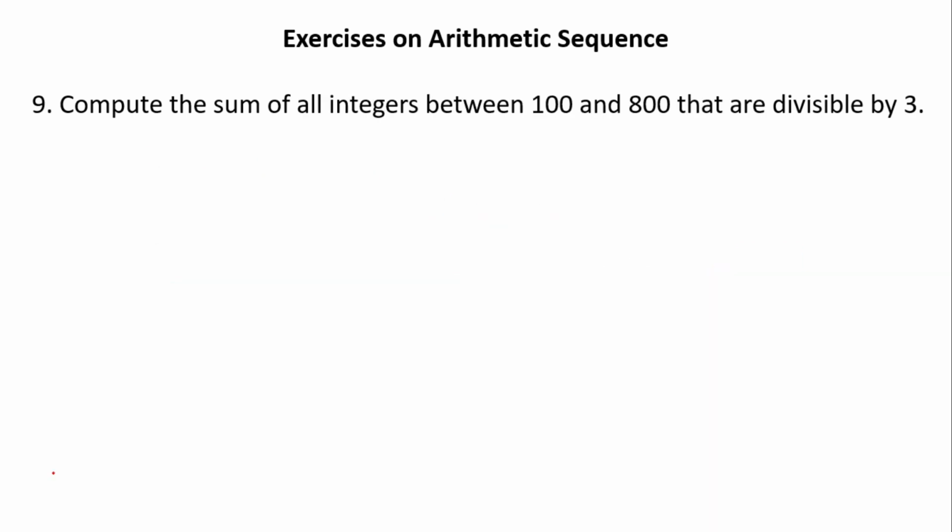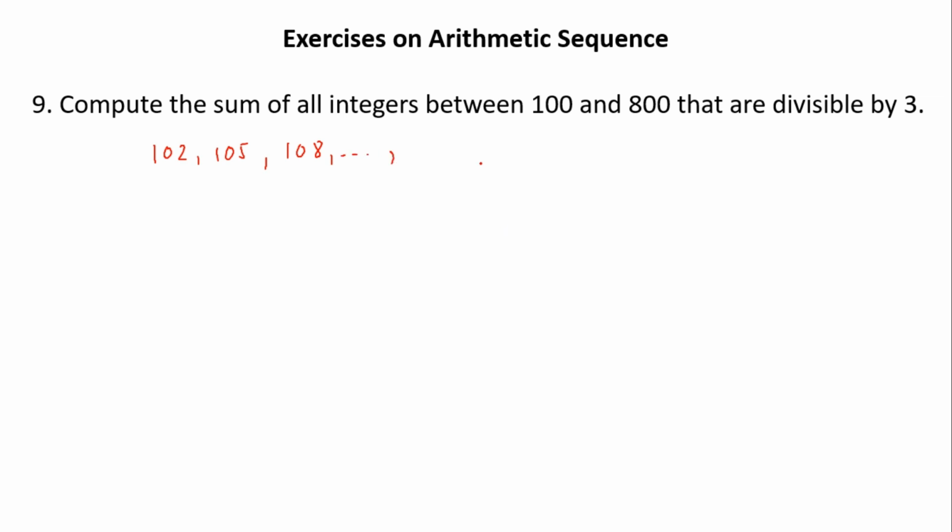Item number 9. Compute the sum of all integers between 100 and 800 that are divisible by 3. Alright, so like what we did in the previous item, let us list down a few of the terms. The smallest positive integer between 100 and 800 that is divisible by 3 is 102, followed by 105, and then by 108, and so on.